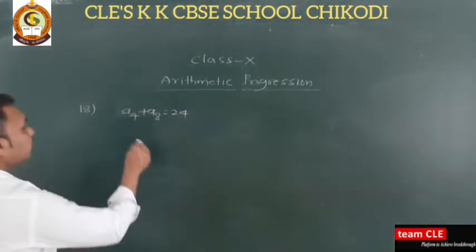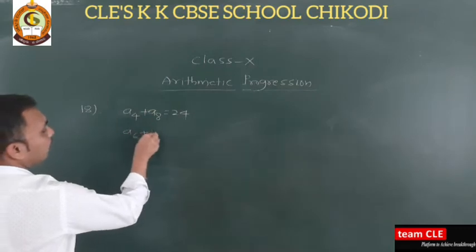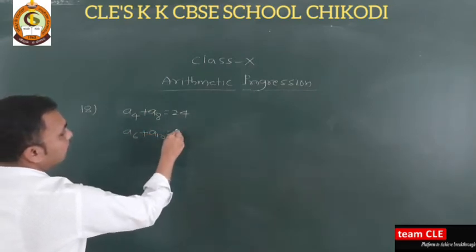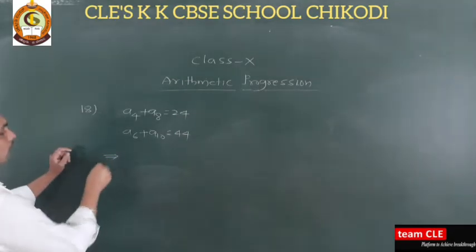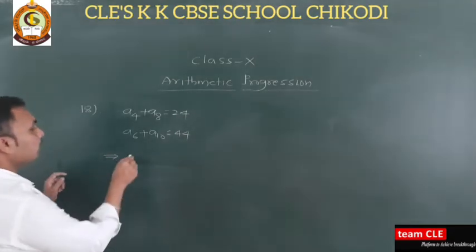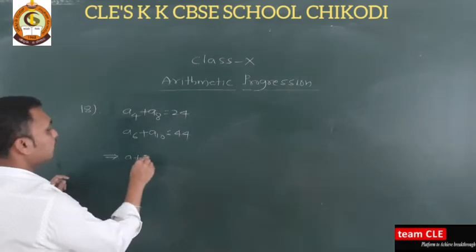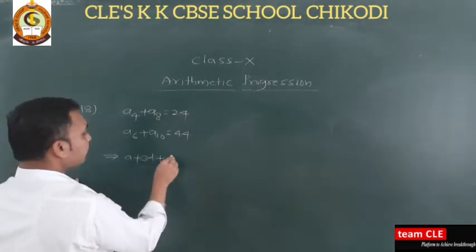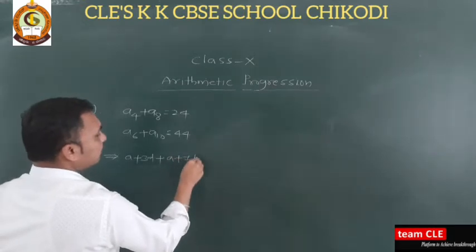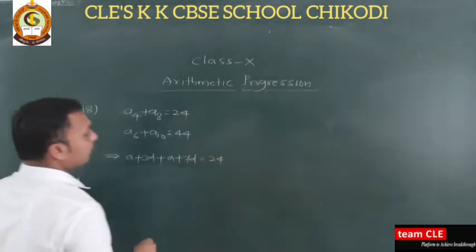One more is 6th and 10th term is 44. Okay. This we can write as A plus 3D plus the 8th term as A plus 7D is equal to 24.